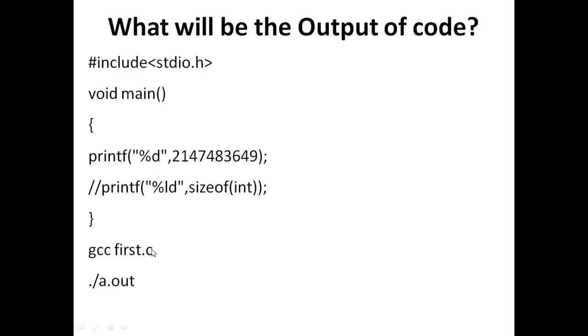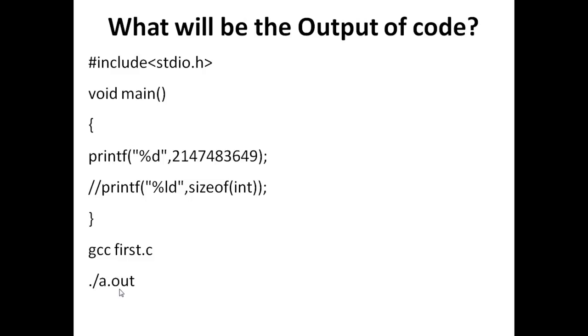So to execute the program, we need to give gcc first.c. I have named my program as first.c. You can use any editor to type this program, and then finally we compile it, and for executing we need to give ./a.out. So a question is being asked here whether this output is valid or not.